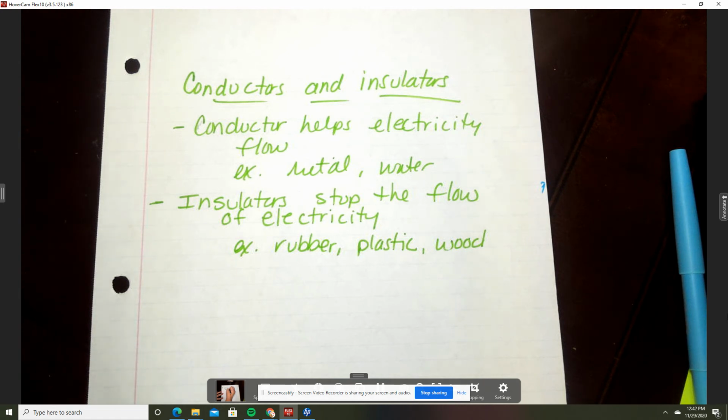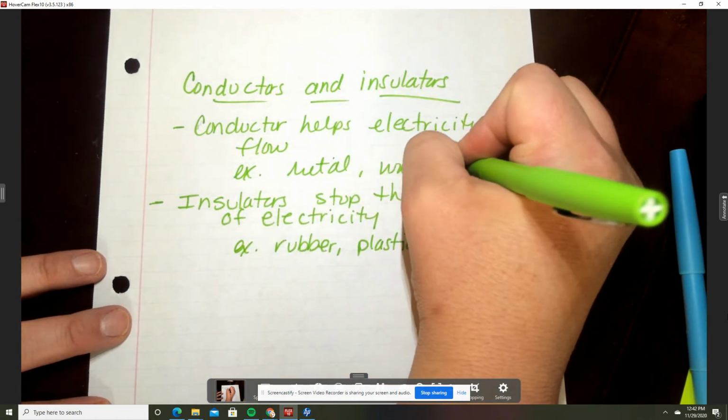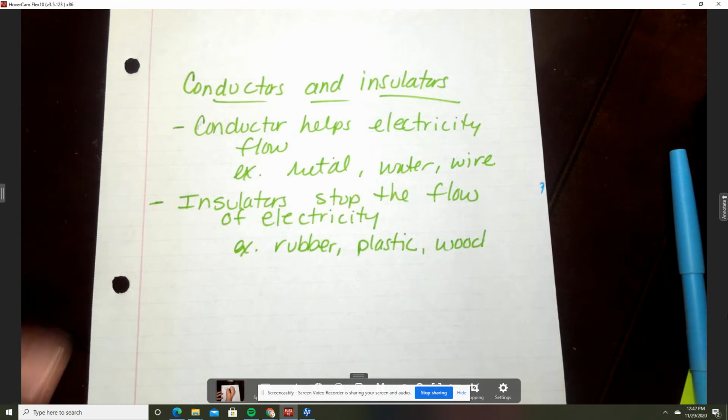All right. I'm also going to put wire. That's metal, but I'm going to put wire there.